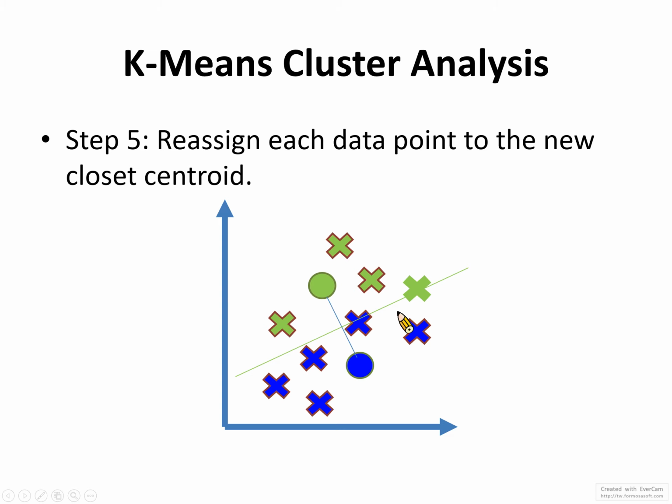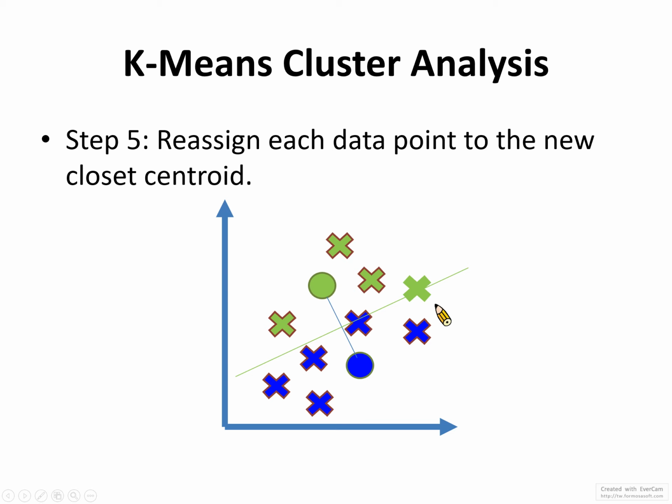Then in this case, you will find that, okay, this one originally belonged to the blue cluster, but now because we have recalculated the location of the centroid, this one will be reclassified into the green cluster.